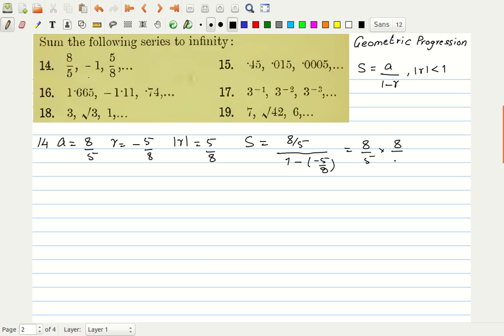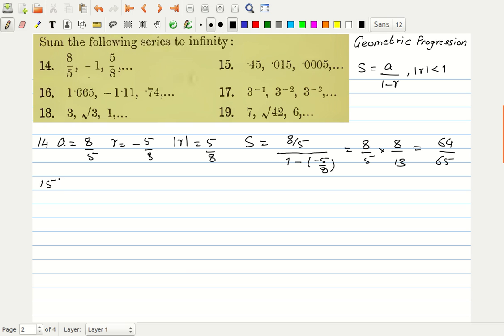So this is 8 plus 5, which is 13, right. Then you get 8 divided by 5 divided by 13 divided by 8. So this becomes 64 divided by 65. Okay, so this is problem number 14.